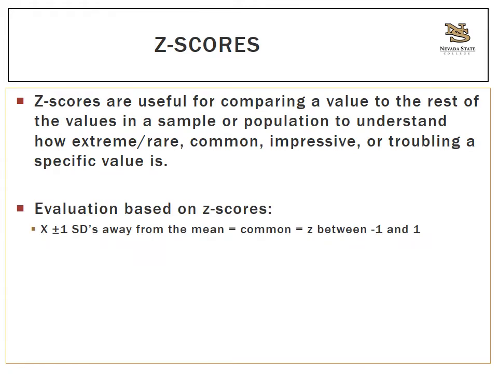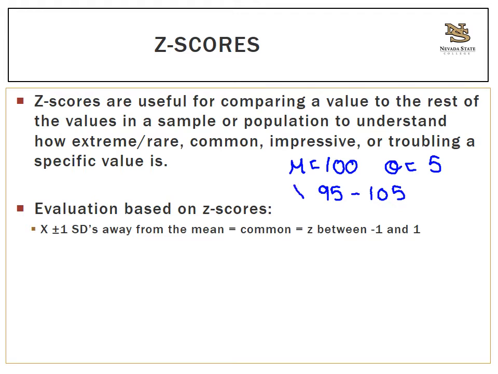Now, there's a couple of criteria to just kind of roughly talk about which scores have which kind of characteristics. So if you end up with a situation where you have an x value that is within one standard deviation of the mean, so for example, when we were talking about a mean of 100 and a standard deviation of 5, basically anything from 95 to 105, right?